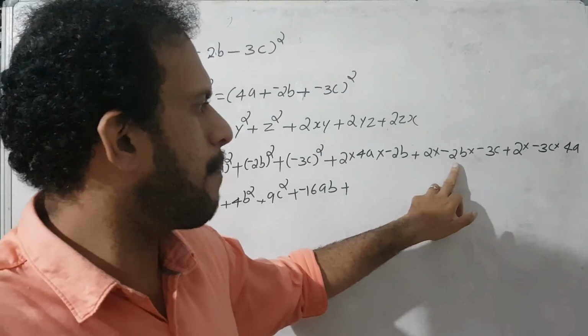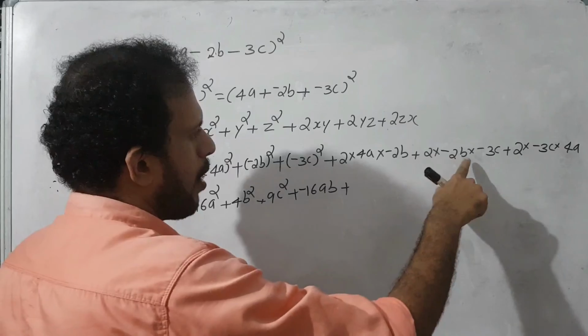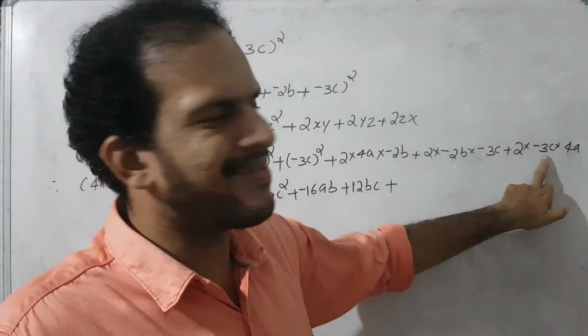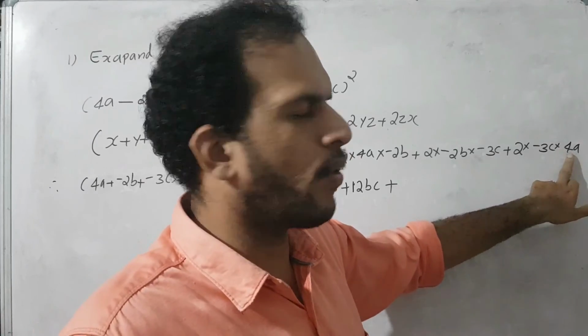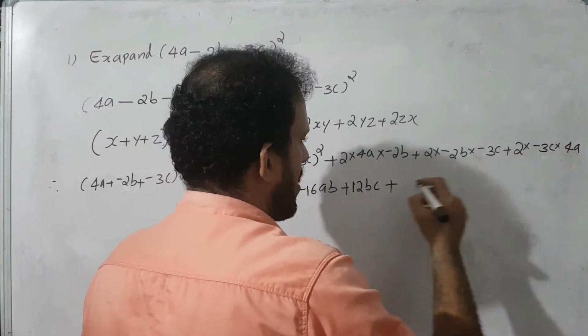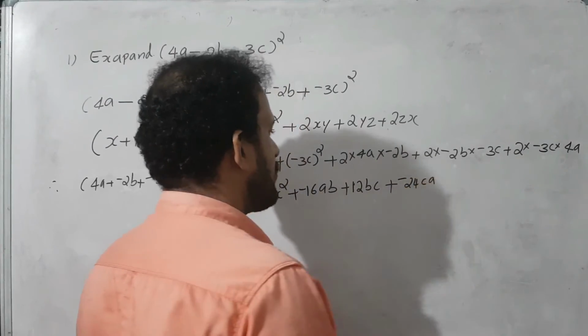Is minus 4. Minus 4 into minus 3 is plus 12, 12bc. 2 into minus 3 is minus 6. Minus 6 into 4, minus 24, 24ca. Minus 24ca or ac.